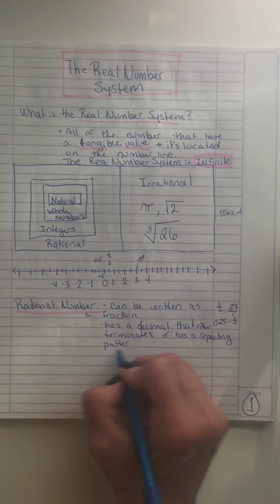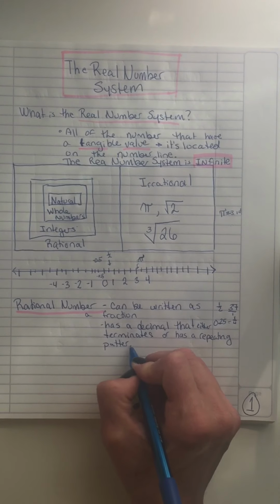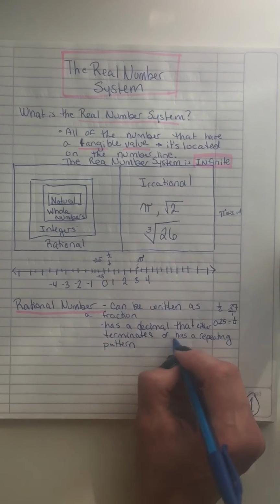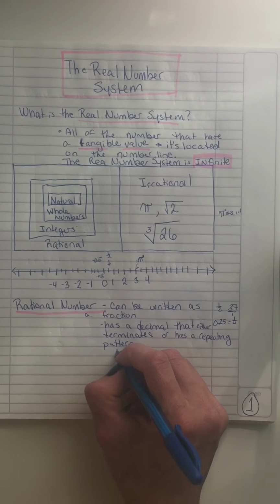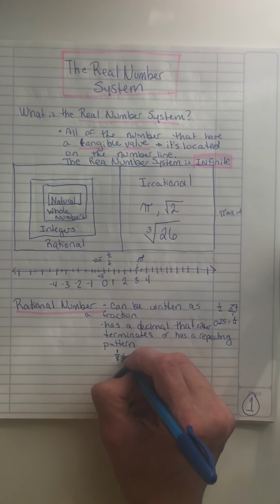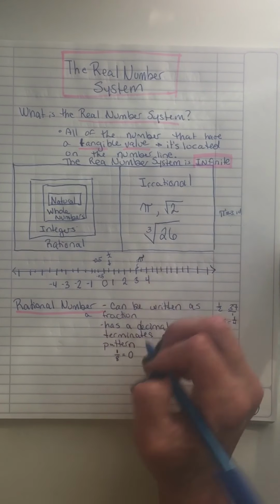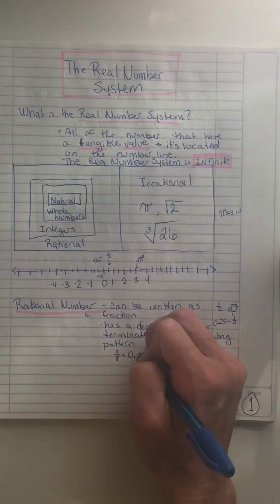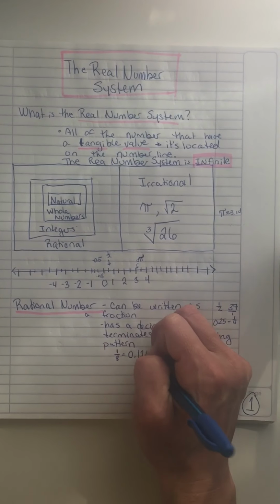So an example of those, pattern, P-A-T-T-E-R-N, forgot the N. So for example, 1/8 we said was equal to 0.125.